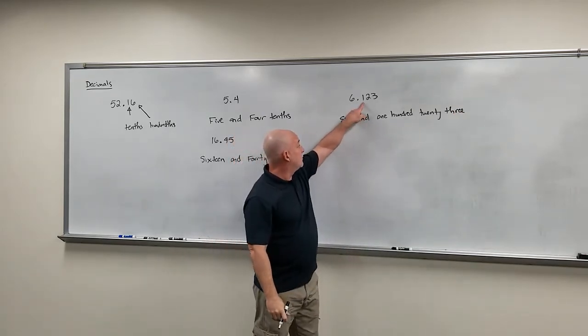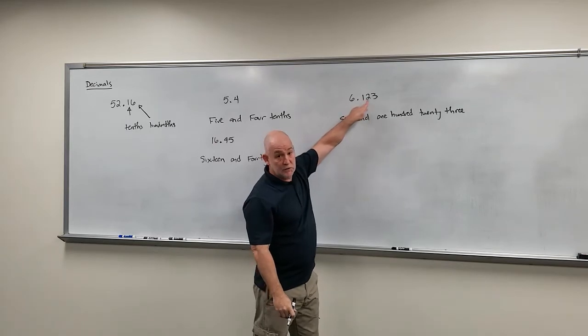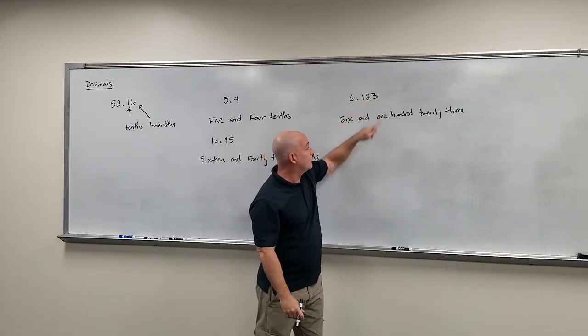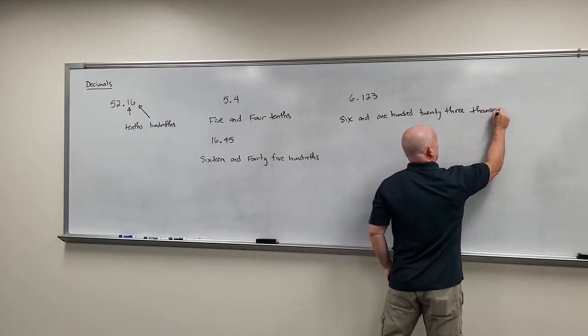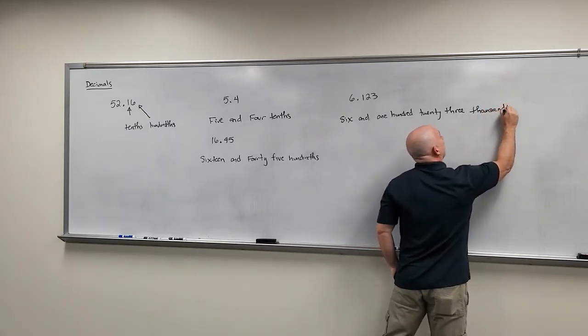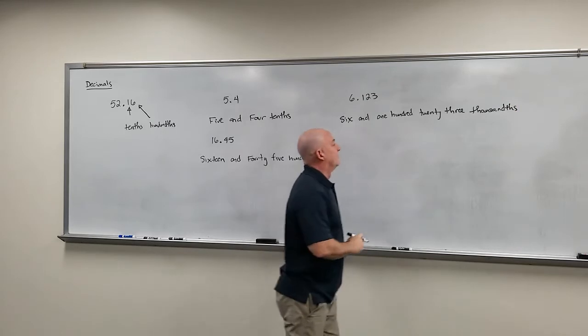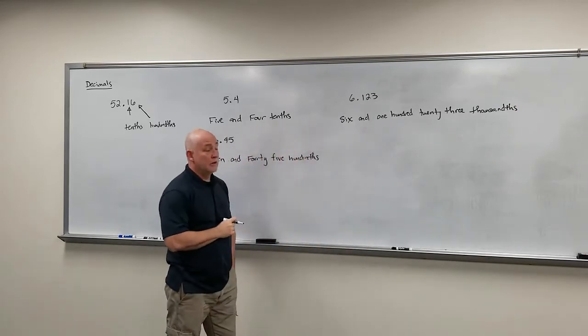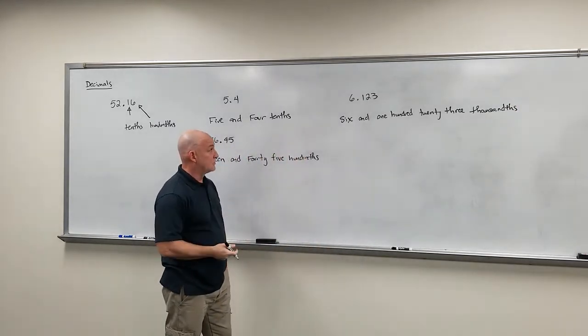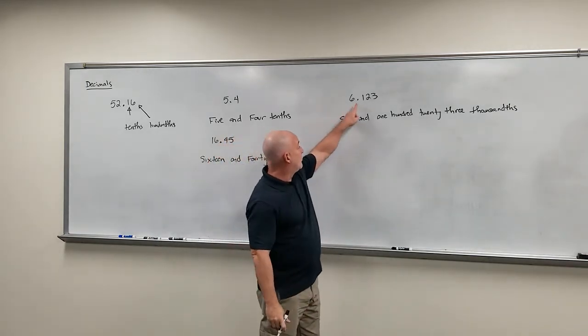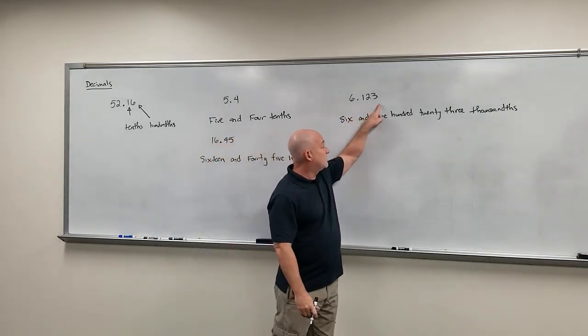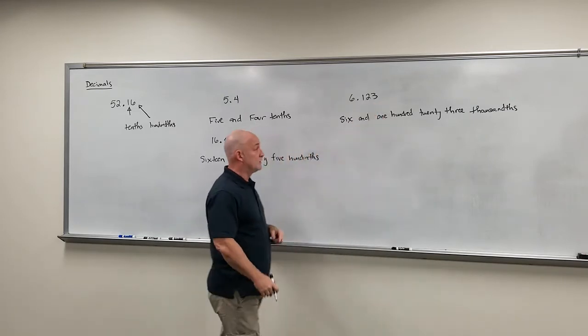Well, if we go down our positions, this is the tenths position, hundredths position, thousandths position. So this would be 6 and 123 thousandths. Okay, so it's just like reading a number like you normally would. The decimal point is the "and" and you have to tack on what the last decimal place is to the end.